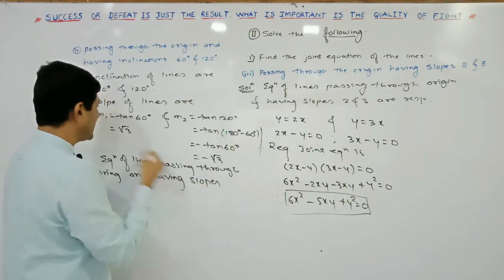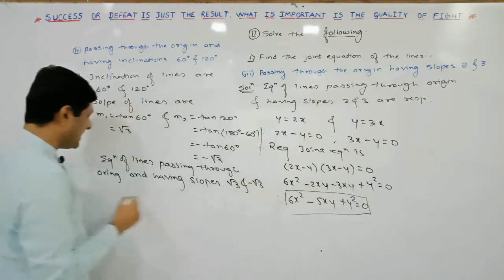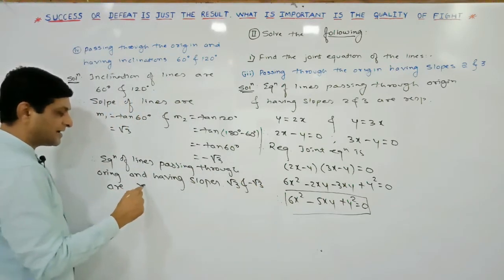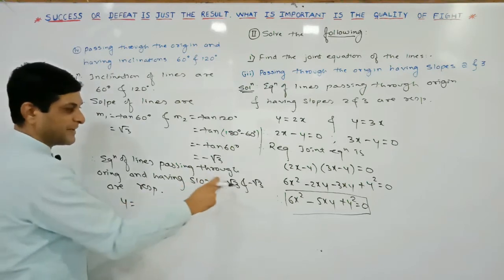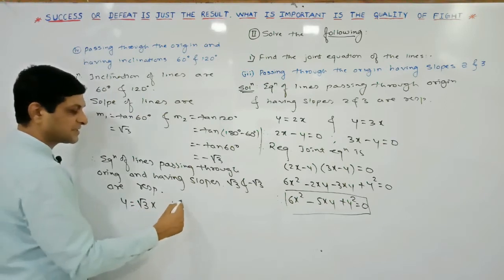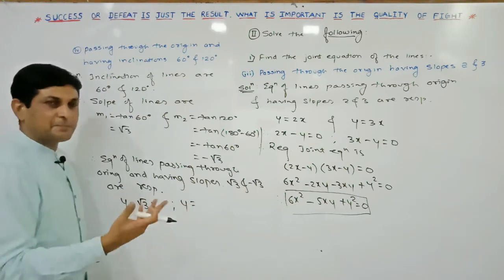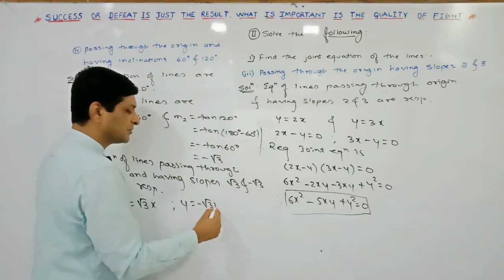Slopes of the lines are root 3 and minus root 3 respectively. So the equation of the first line is y is equal to mx. For the first line, what is the value of slope? Root 3, so y = root 3 x. And the equation of the second line, again applying the same formula, y is equal to mx. m is what here? Minus root 3, so y = minus root 3 x.